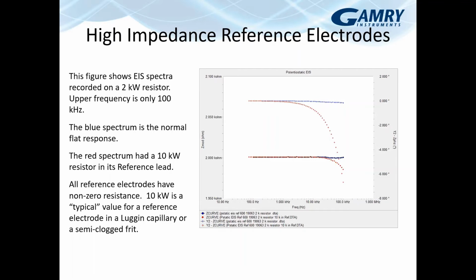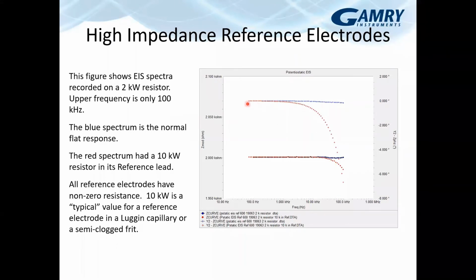So here are 2 EIS spectra that were recorded on a simple 2 kiloohm resistor. Upper frequency limit was only 100 kilohertz, so we're not going all the way to the top there. The blue spectrum is what we would expect to see. This is what we normally see with a setup. For the red spectrum, we just put an extra 10 kiloohms on the reference lead.